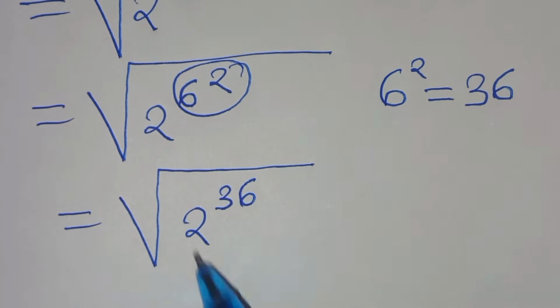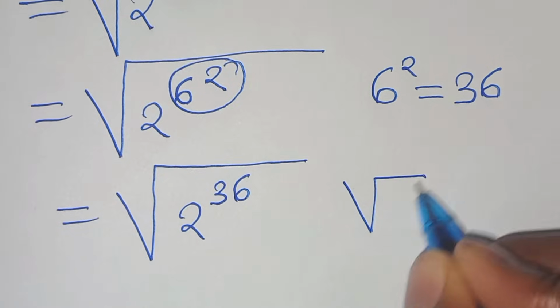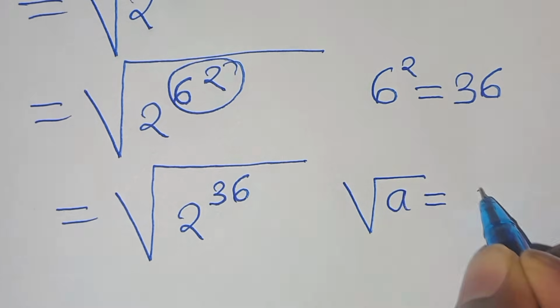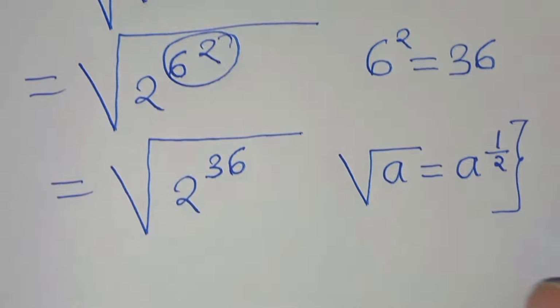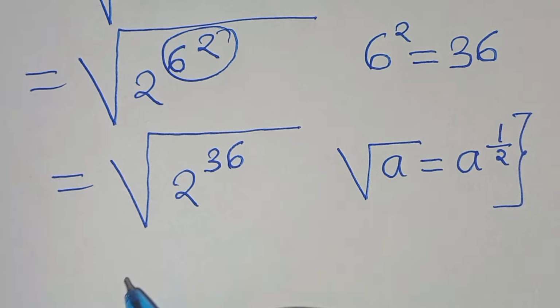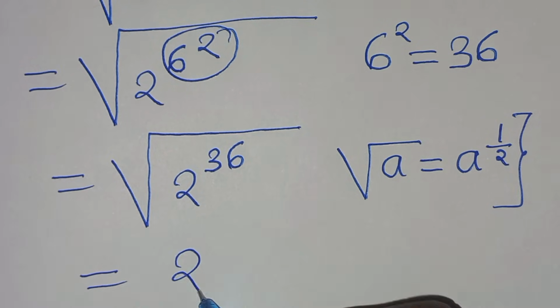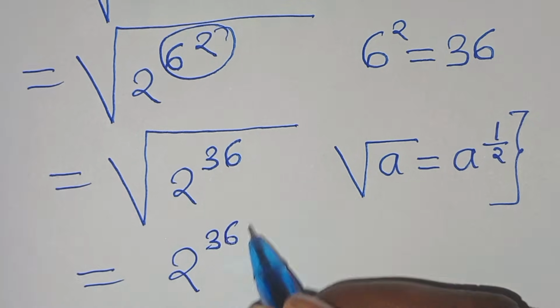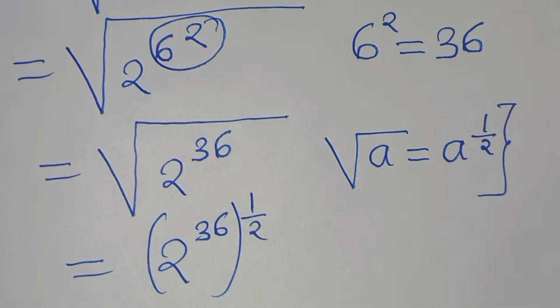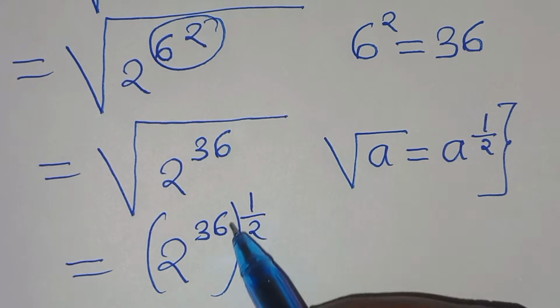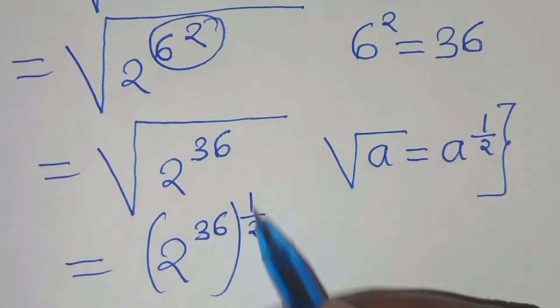The next step is that if we have the square root of a, this can be expressed as a raised to the power of half. Now, applying this property, we have 2 to the power of 36, then raised to the power of half.